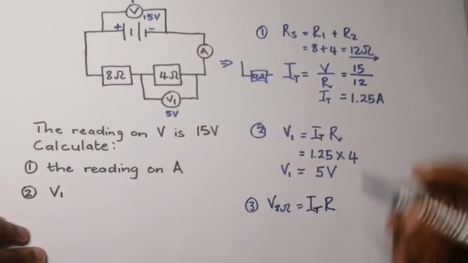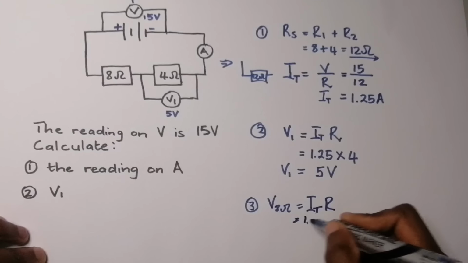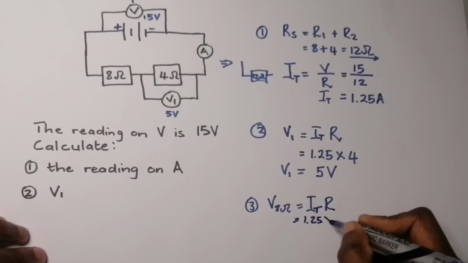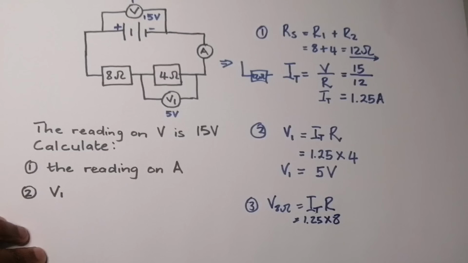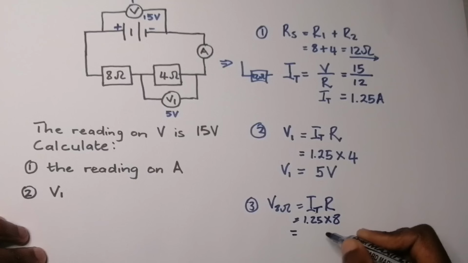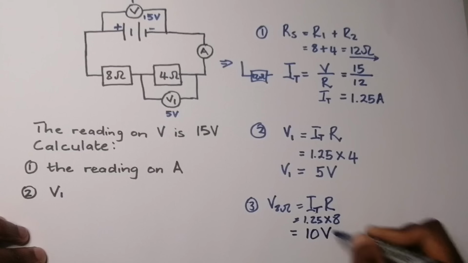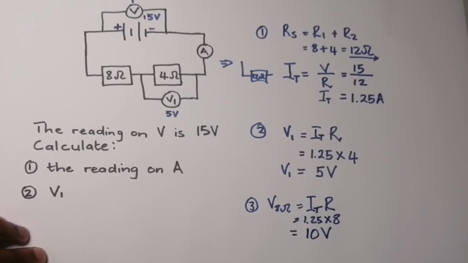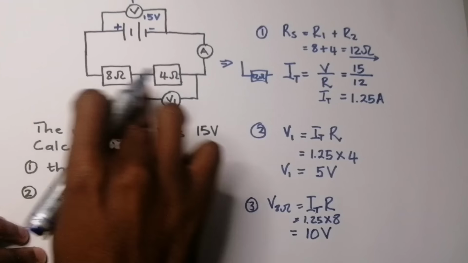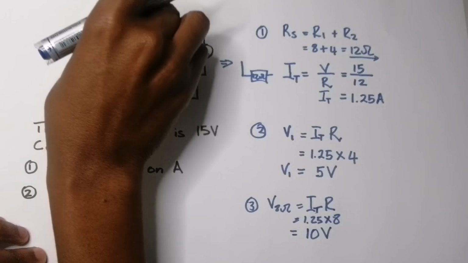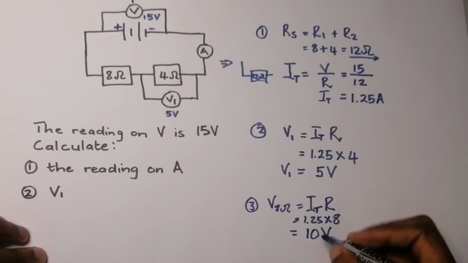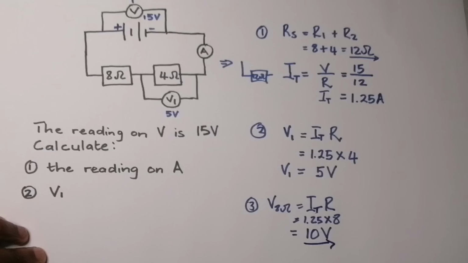So which resistance? The 8 ohm resistor. So you could say this is 1.25 multiplied by 8, okay? And this would give you, guessed it, 10 volts, right? Because at the end of the day, I know this plus that should give me that, okay? So we get a value of 10 volts.